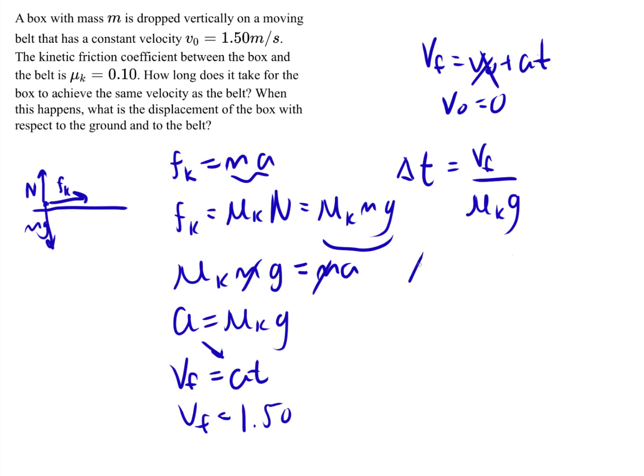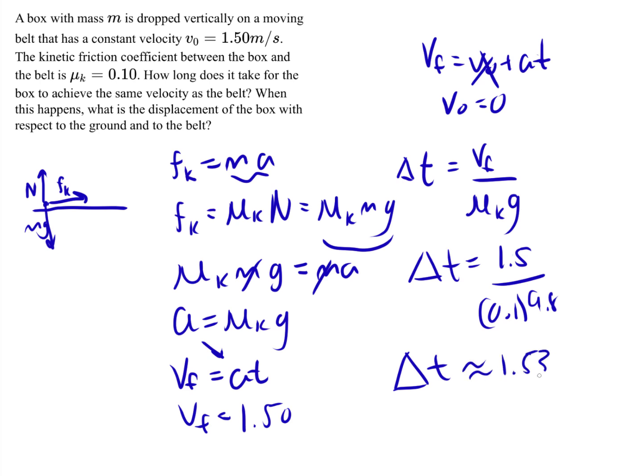Running the numbers, it is equal to 1.5 divided by 0.10 times 9.8. If you solve this, you should get that the change in time is about 1.53 seconds. And that is the time it takes for the box to achieve the same velocity as the belt.